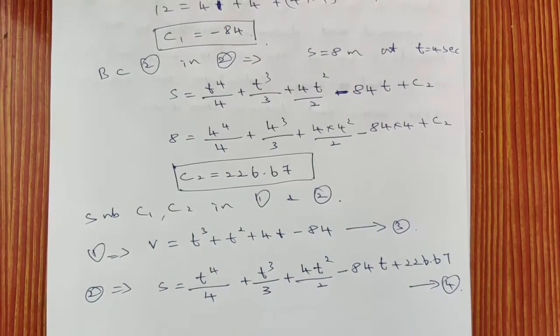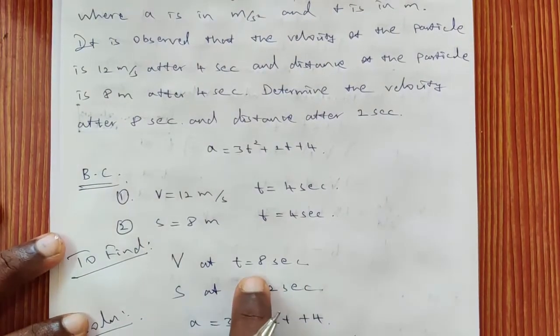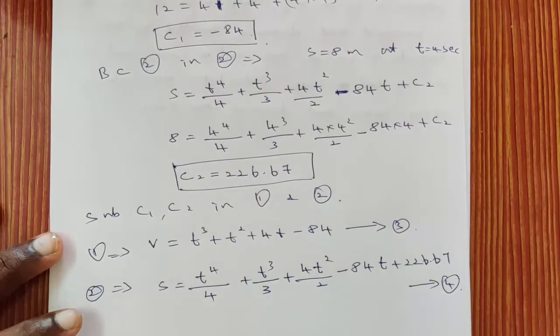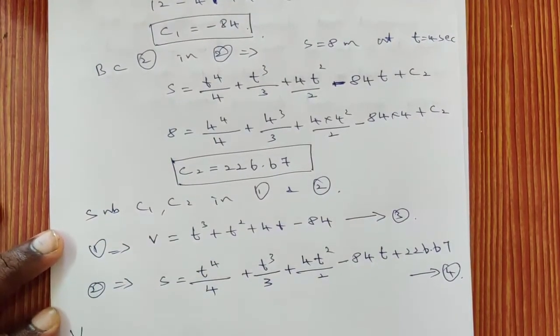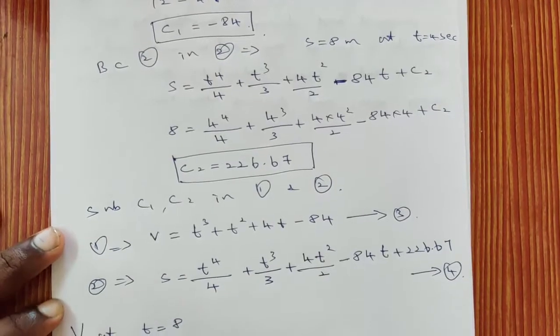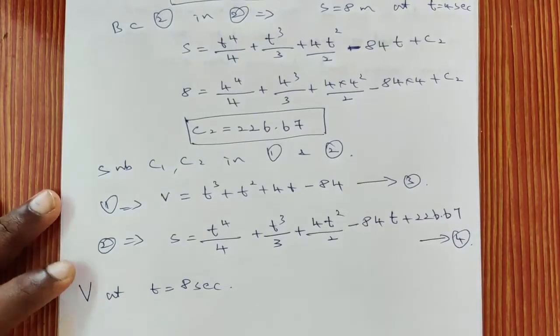Now we can go to the problem. We have to find the velocity at t is equal to 8 seconds. So first let us calculate the velocity v at t is equal to 8 seconds. Okay.